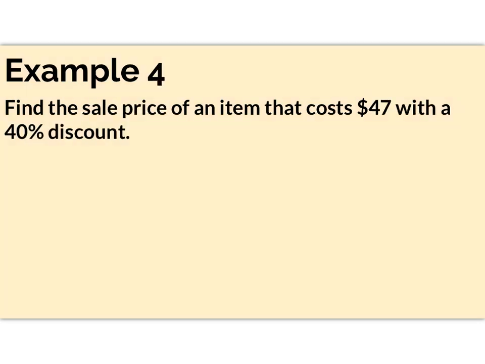Find the sale price of an item that costs $47 with a 40% discount. So we know if this is 100 and a discount is 40, 100 minus 40, the item will be worth 60% of its original price. So now this is straight multiplication, 47 times 0.6.